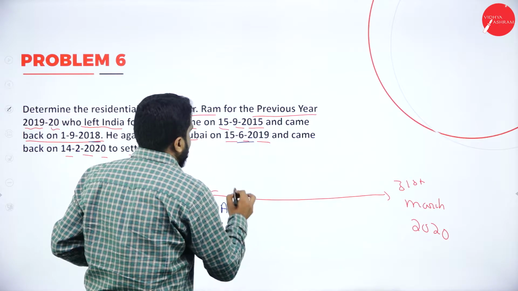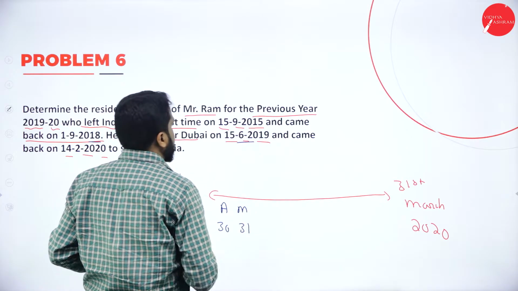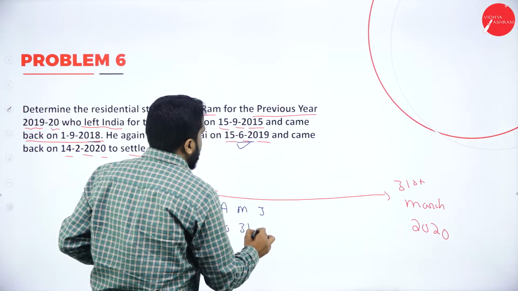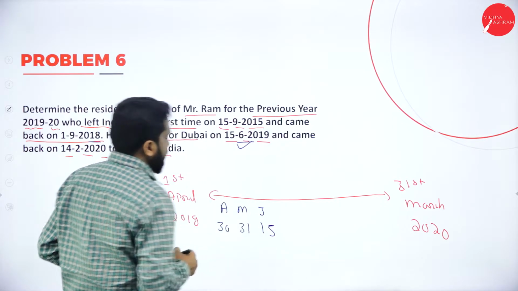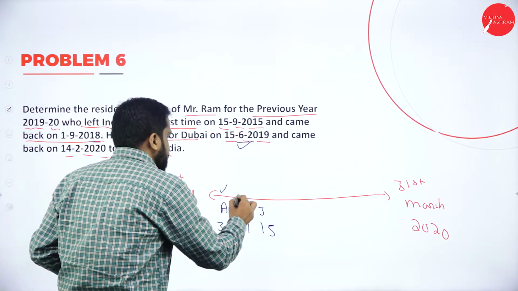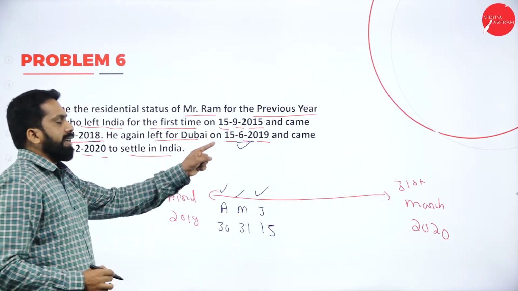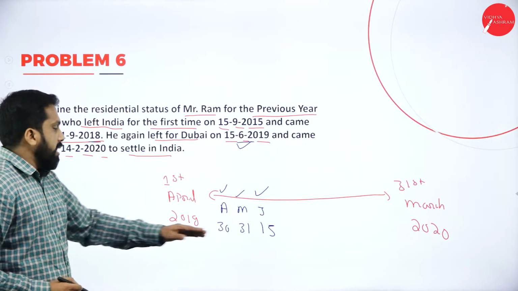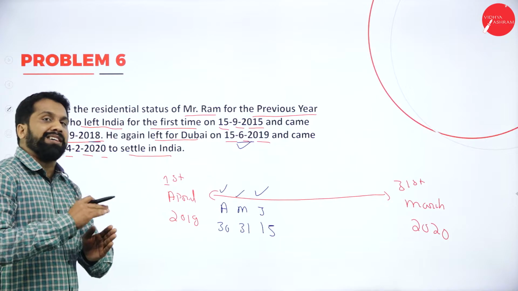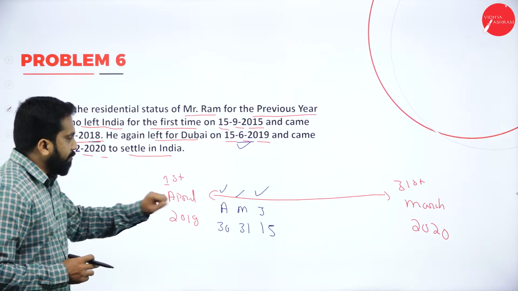May he was there for 31 days. June he was there only for 15 days. Clear? He was there in March also, Feb also, but we don't want last year. We want from 1st April 2019.